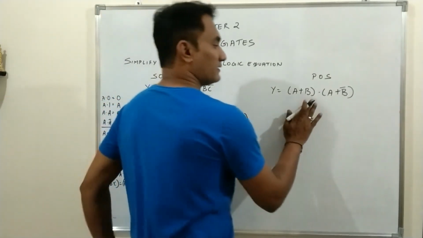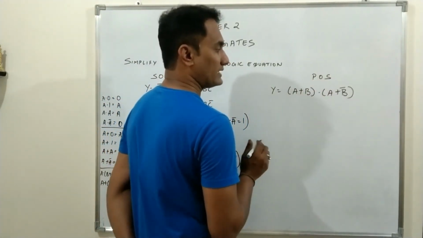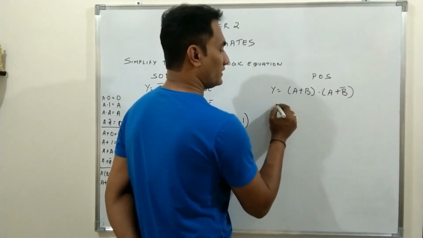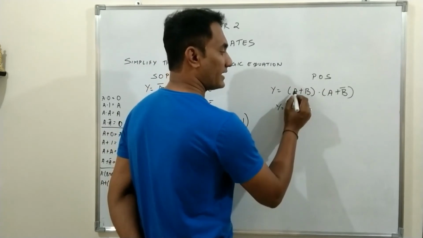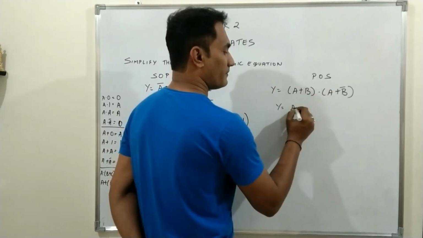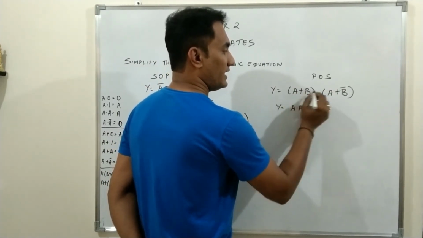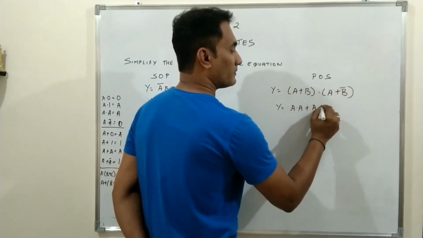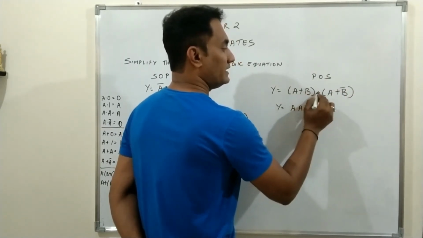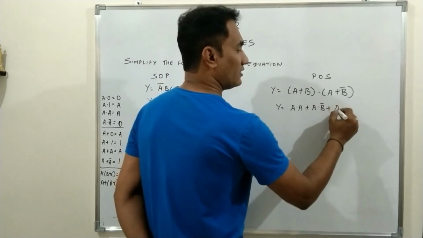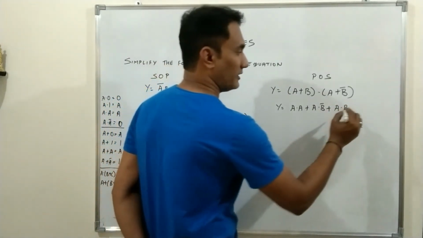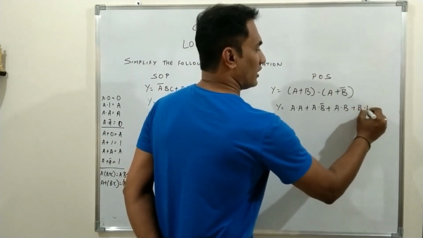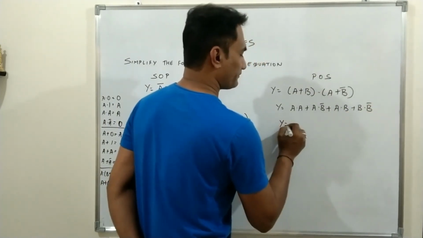Similarly, let us take one more example of POS type. In POS type, what we have to do is first convert it into SOP. So you have to open the bracket: A dot A plus A dot B bar plus B dot A, which can be written as A dot B using the commutative law, which allows you to change the position of the variable, plus B dot B bar.